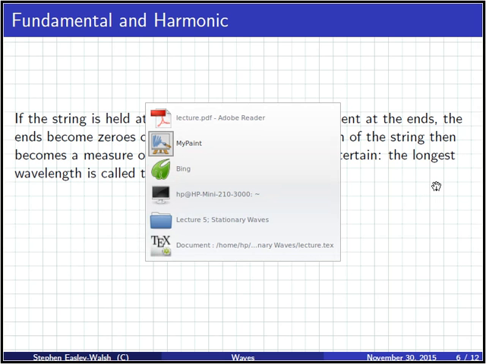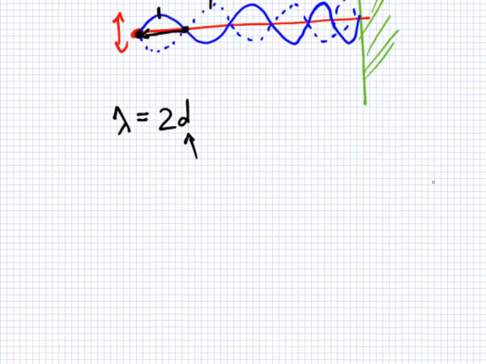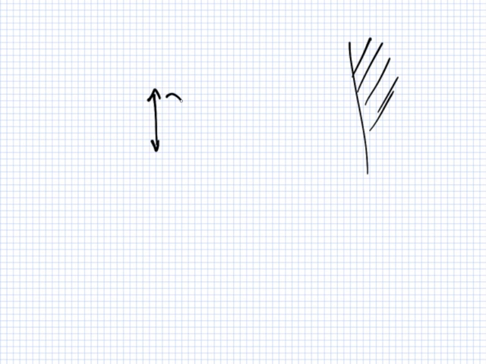Okay, so before you write anything down, let me just draw what I mean. You could have, for example, somebody moving the wave at the end, moving it up and down like this. But if you think about a musical instrument, like a guitar, the ends are fixed.